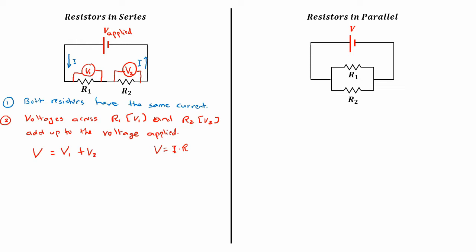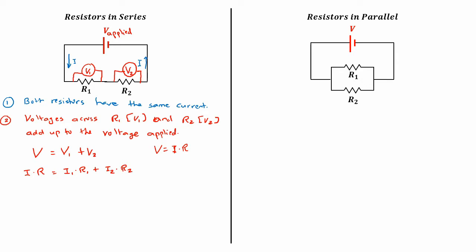So that's what we're going to do. Now plug this IR into each one of these voltages. So on the left it is going to be I multiplied by R. And then voltage 1 is the current through 1 times the resistance of 1, plus the current through 2 and the resistance of 2.